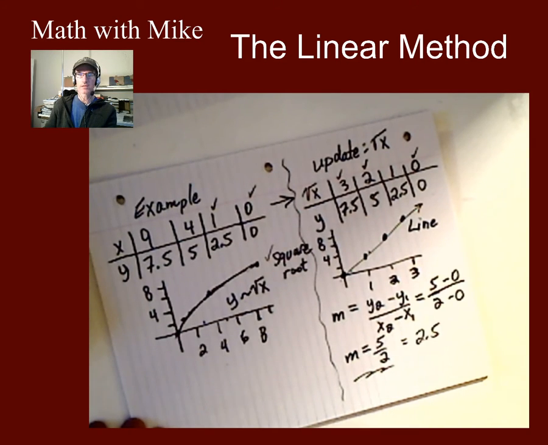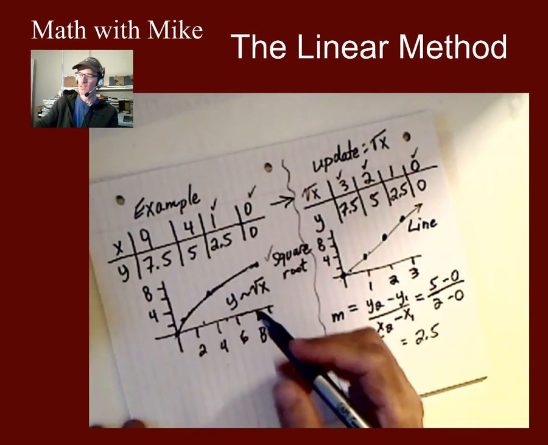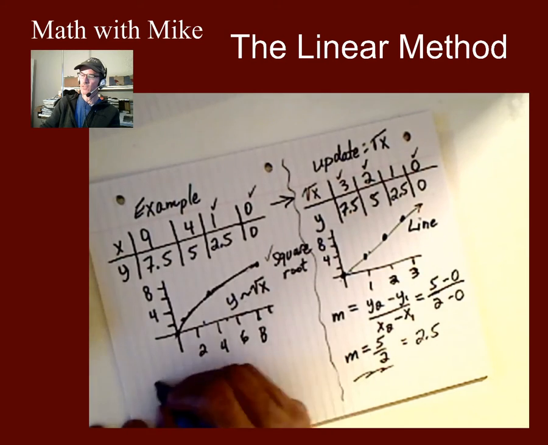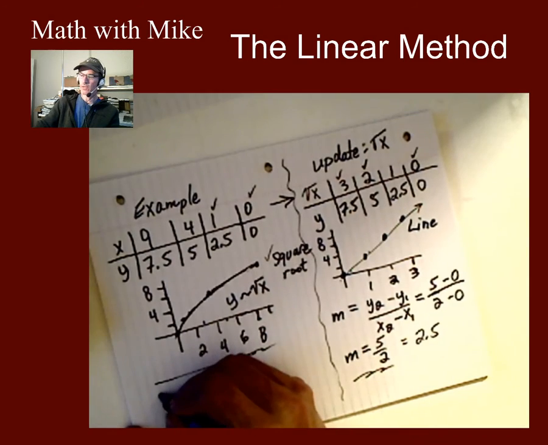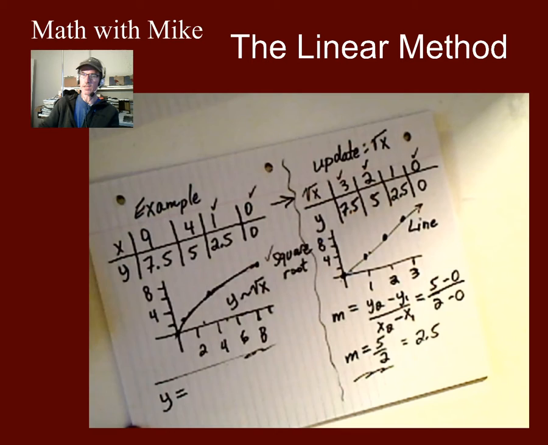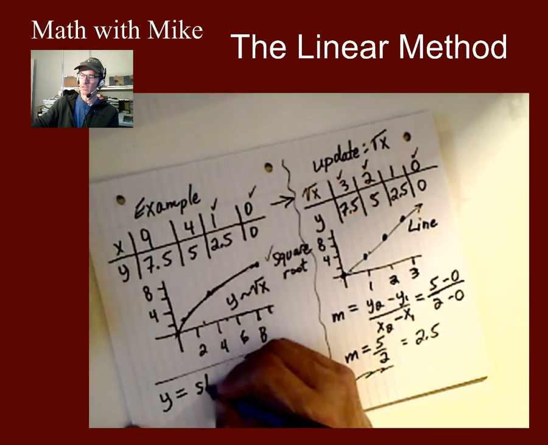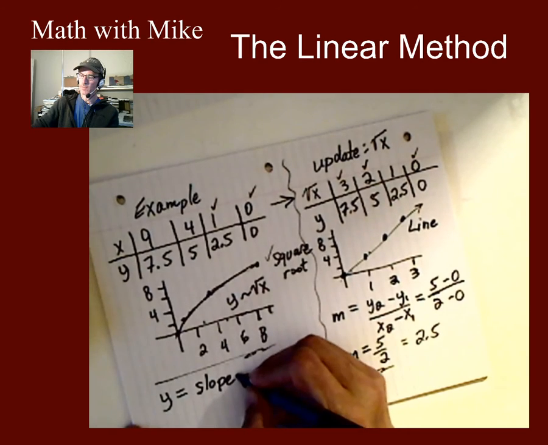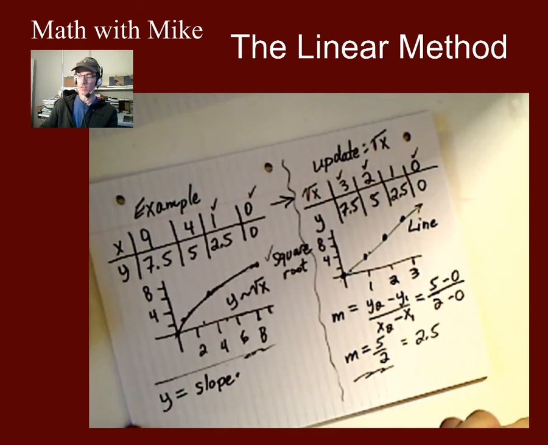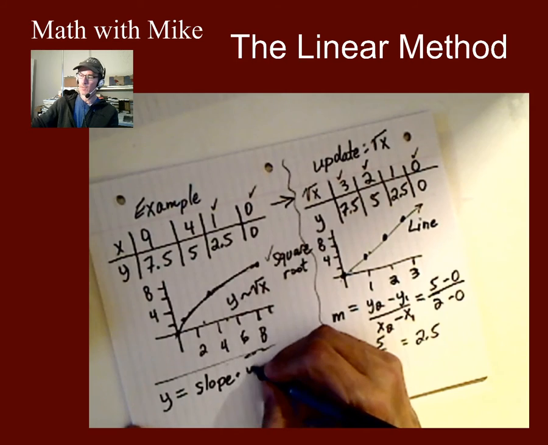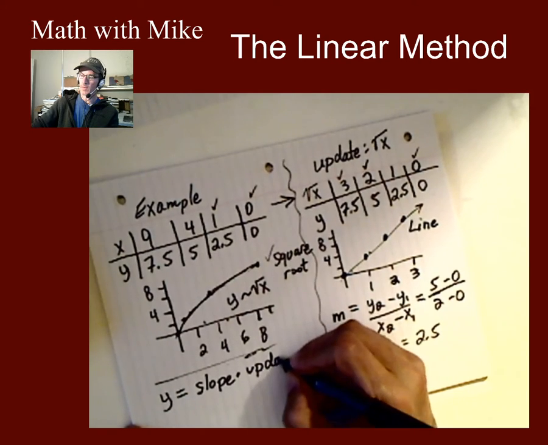So what next? The end. The final piece. We create the formula, which has the structure of the y variable equal to the slope times the parent function, or the updated x.